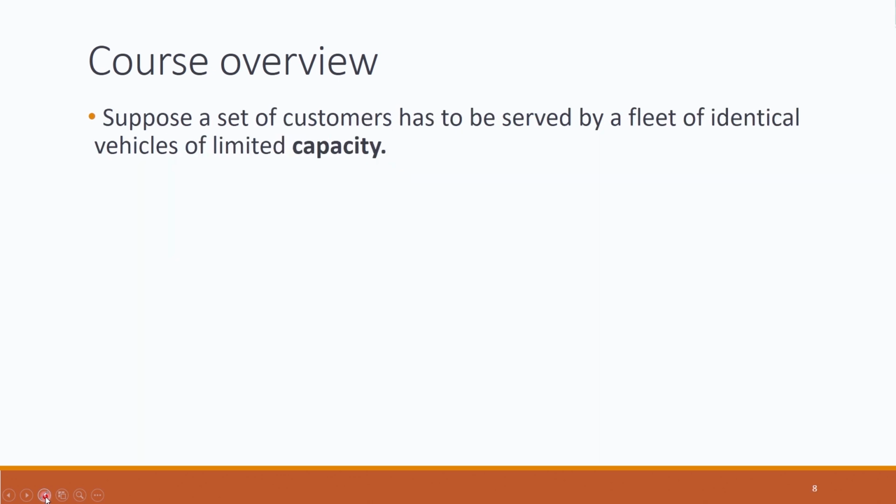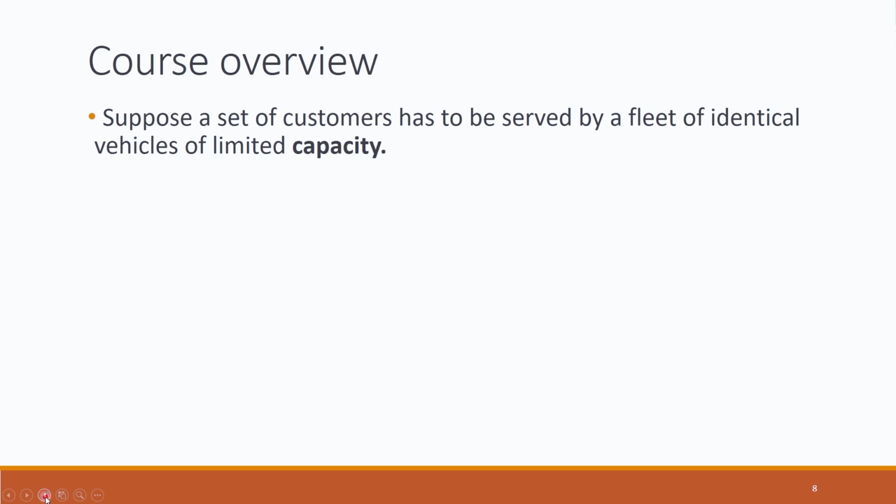Another very interesting problem that is closely related to the traveling salesman problem is the vehicle routing problem. Suppose we have a set of customers that need to be served by a fleet of identical vehicles, and the constraint is that these vehicles have a limited capacity.